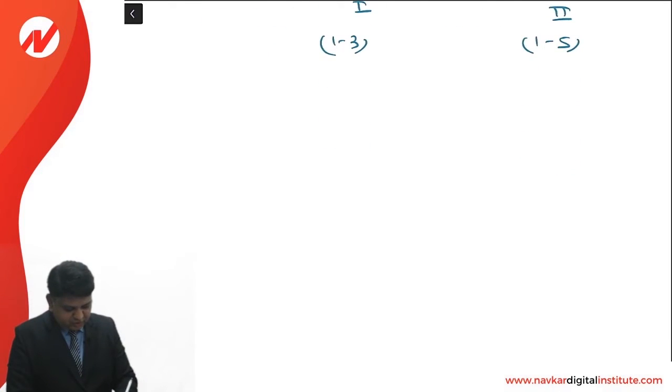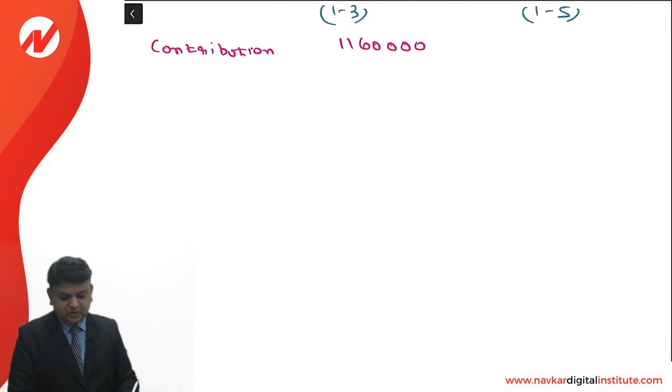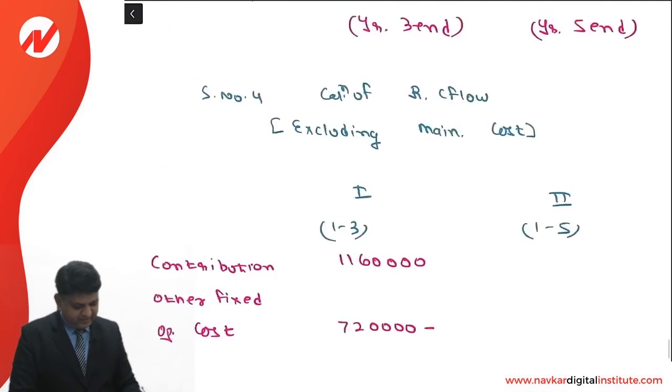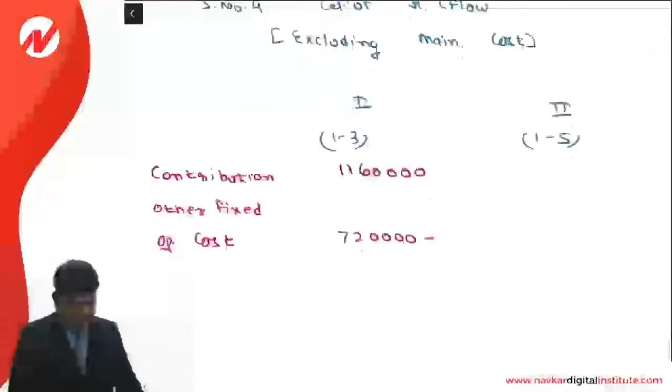So we can start with the contribution. It is an amount of 11,60,000. Next is other fixed operating costs per annum. It is provided to us as 7,20,000. However, it includes depreciation. Amount of depreciation is 3,60,000.